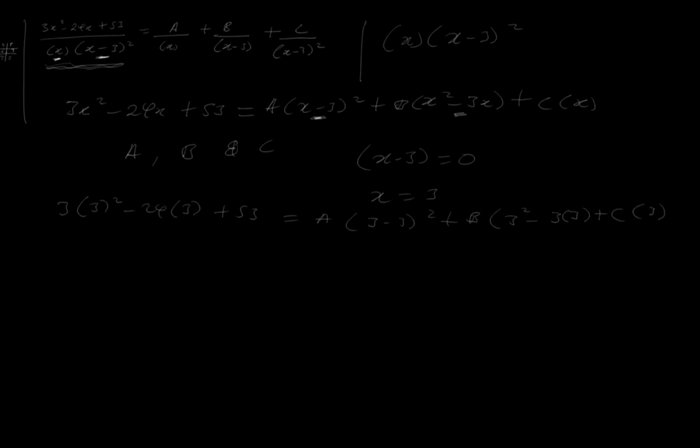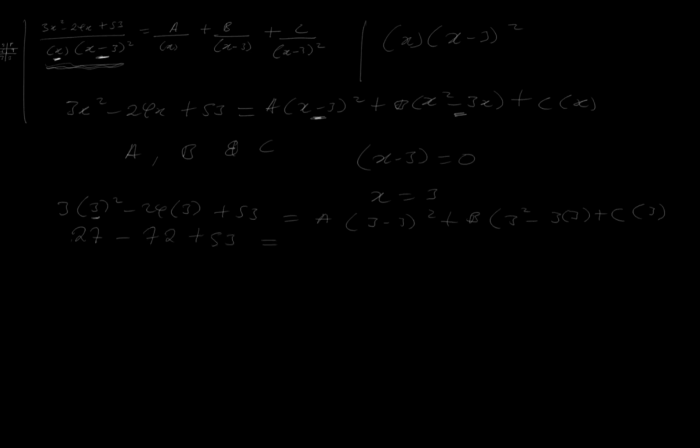Alright, so now what are we going to do here? All we have to do is expand, which is very simple and straightforward. So we do the math. 3 to the power 2 gives you 9, so 9 times 3 gives you 27. Then 24 times 3 gives you 72, plus 53.